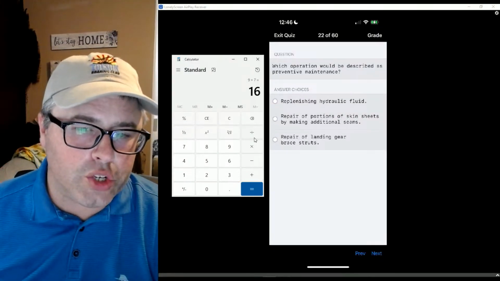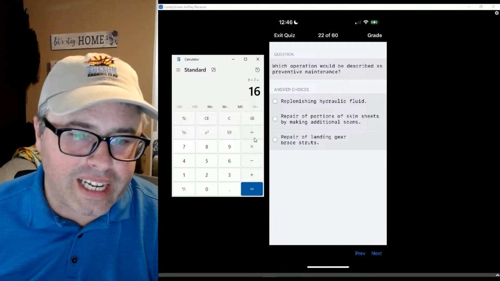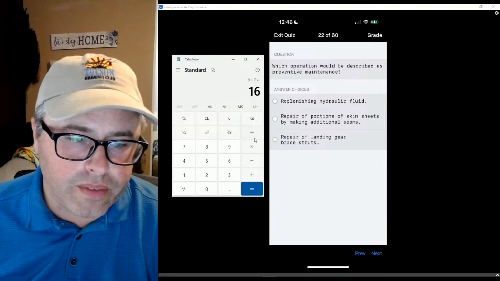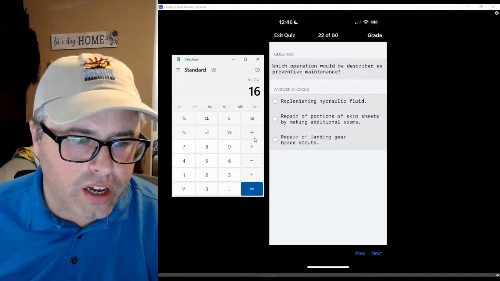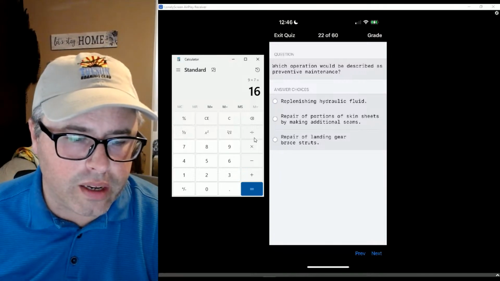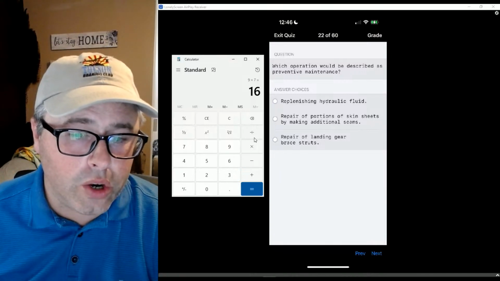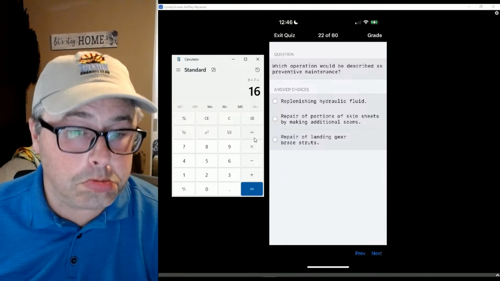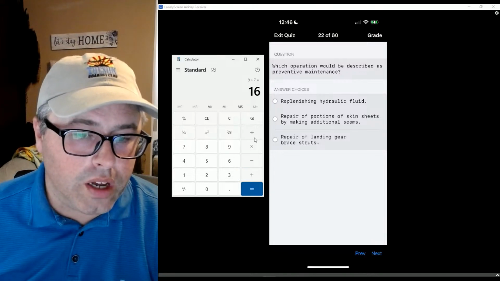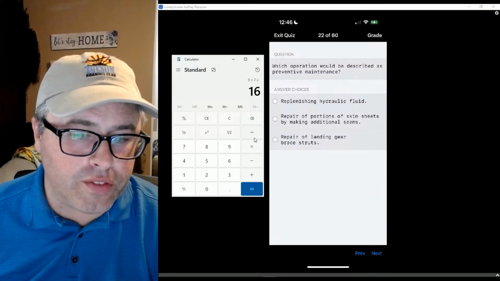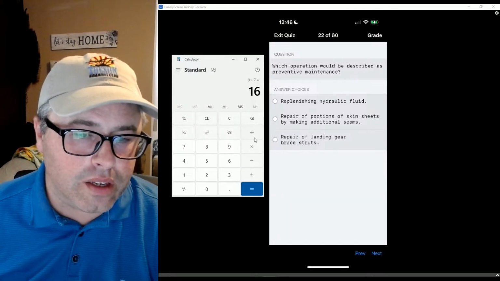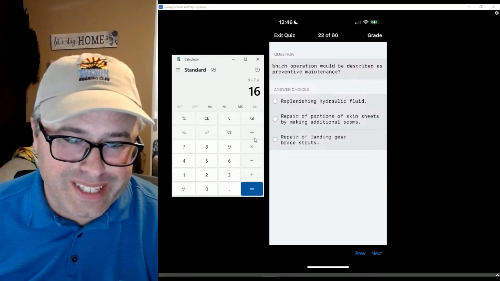Which operation would be described as preventative maintenance? Okay, this is in part 43. Go over that during ground training. Okay, replenishing hydraulic fluid. Okay, preventative. Yep. Repair of a portion of the wing skins. Okay, we're talking preventative maintenance.